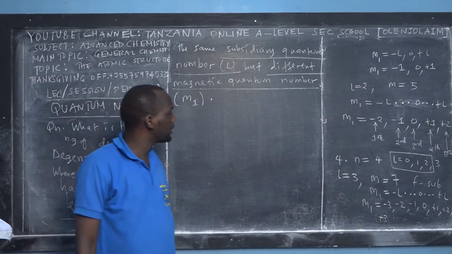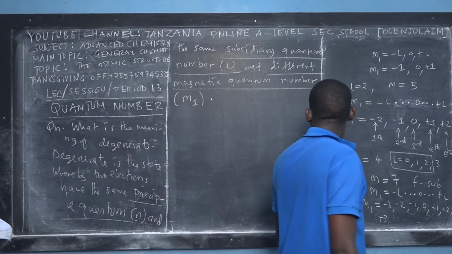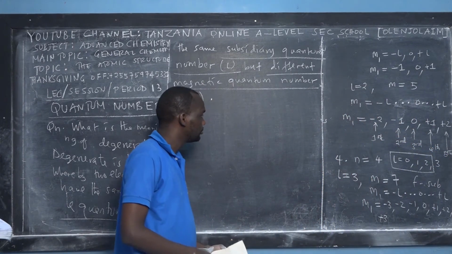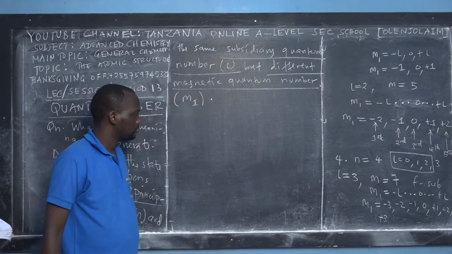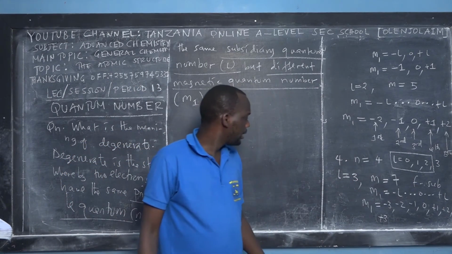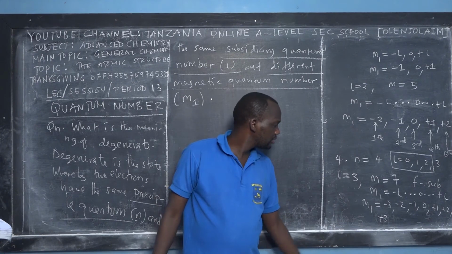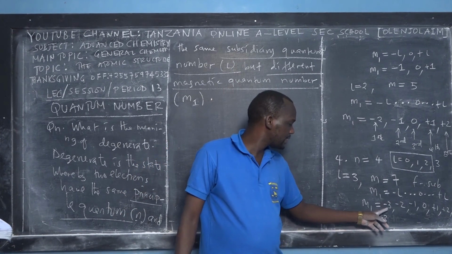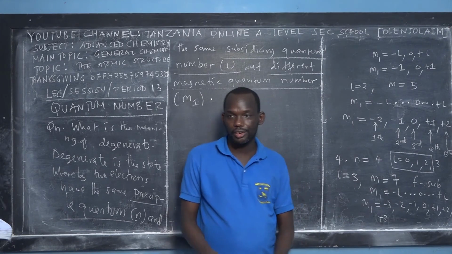So for example, we can have the degenerate. Let's say n is equal to 4, and then L is equal to 3, and then the magnetic quantum number is -3 and -2, right?